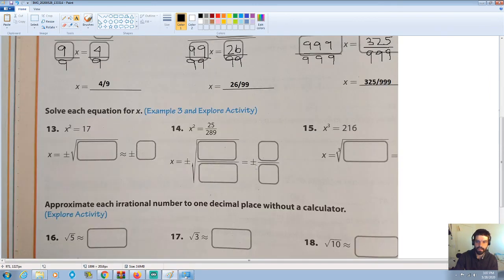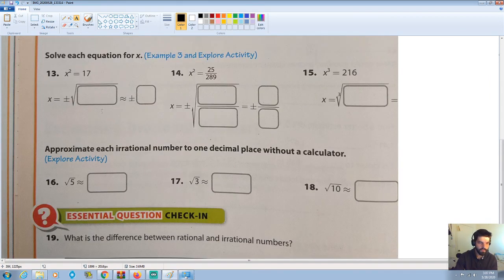Alright, so now we're going to get into the squares and square roots and cubic roots. So what we want to do here is approximate, in this first question, the square root of 17. One thing that's really important to keep in mind is that this number here is not a perfect square.